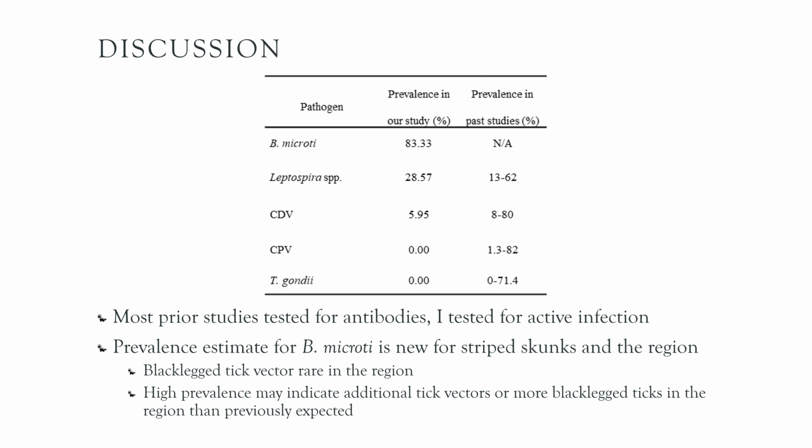This super high prevalence then indicates that maybe there are additional tick vectors that can carry this pathogen, or maybe there are more black-legged ticks in the region than what was previously expected. But regardless, this is a pathogen that can infect humans. And so this is of human health concern, but of course also of One Health concern.